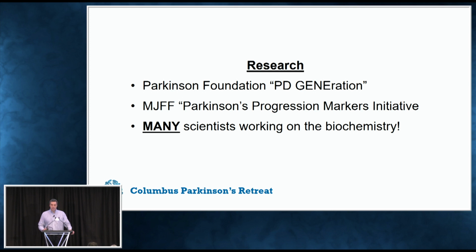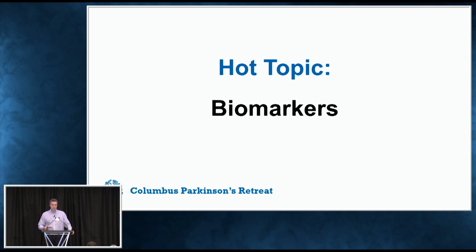The Michael J. Fox Foundation also is working on this in a very large organized approach called the Parkinson's Progression Markers Initiative. They take a lot of samples, test for a lot of things, including the genetics. And as I said, there are a lot of people working on this. So that has really been kind of a transition over the last decade to really focus on the genetics.